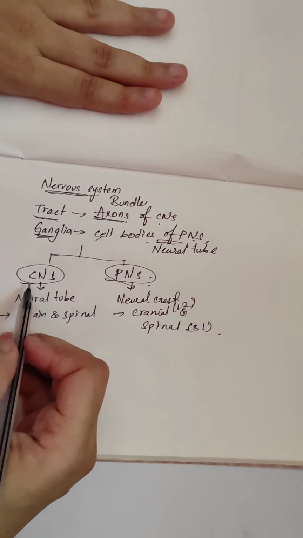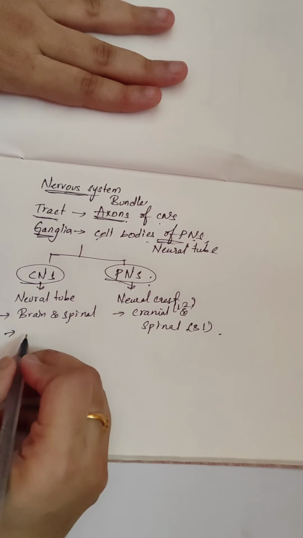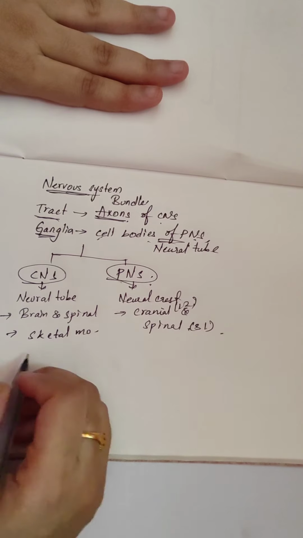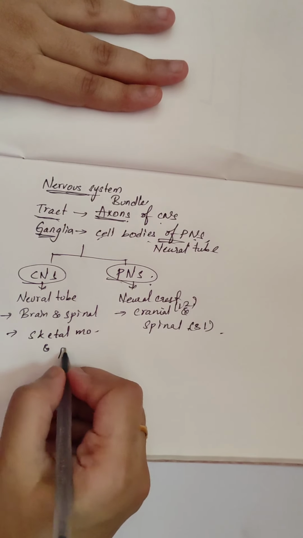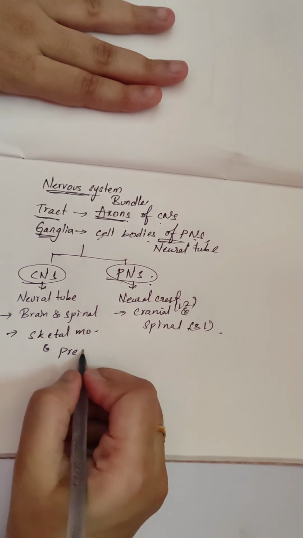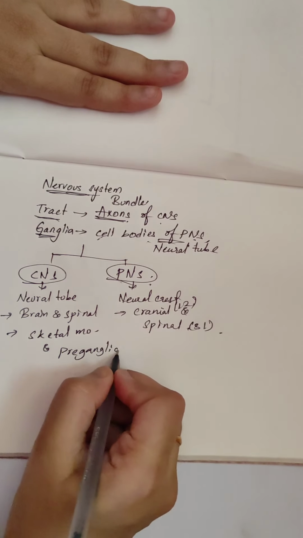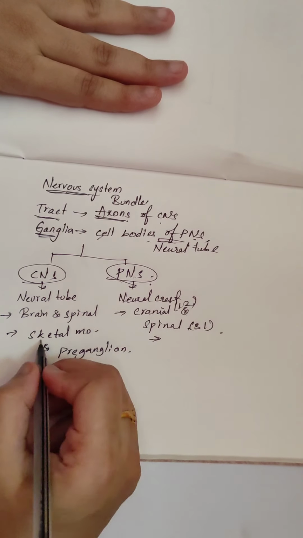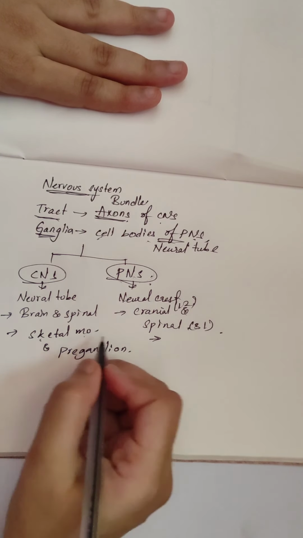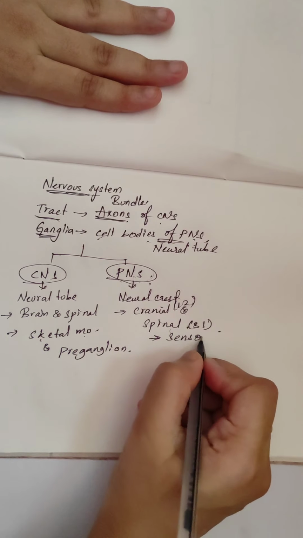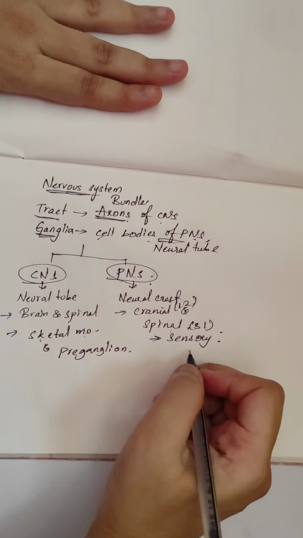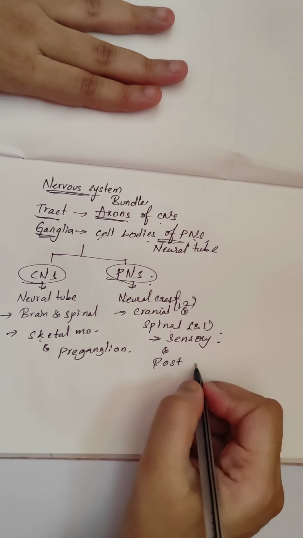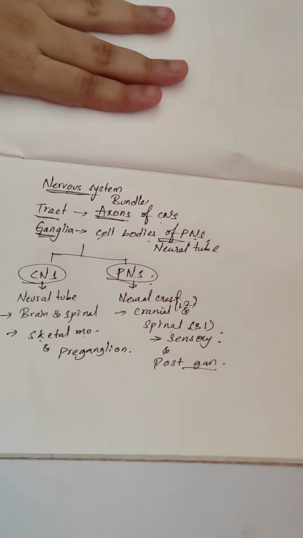And the two types of neurons present in the CNS are skeletal motor neurons and preganglionic axons. And the neurons present in the PNS are, here we came across the skeletal motor, and here it is sensory, and also postganglionic neurons.